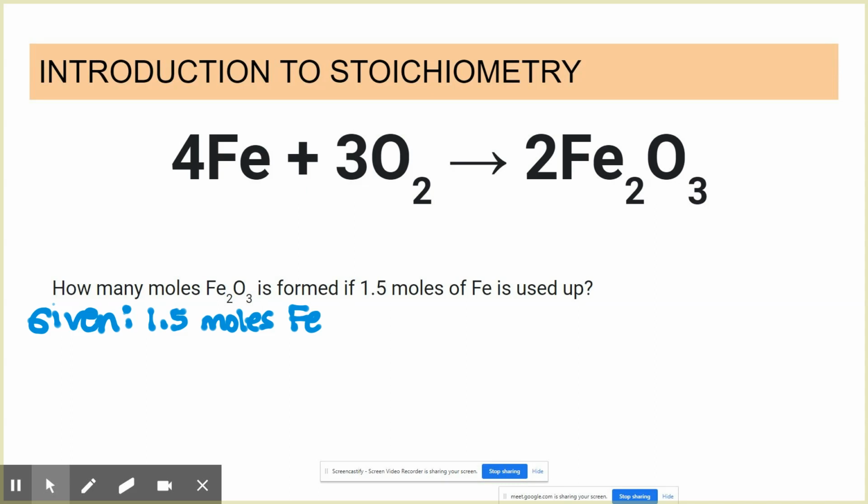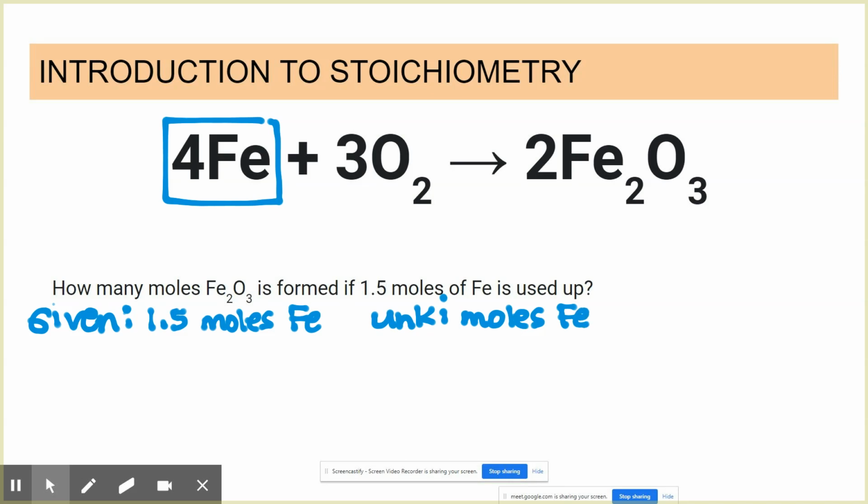Right. So what I do is, and this is just me, as soon as you get the given, find the compound in the equation that corresponds to your given. So we're looking at Fe. Fe is right here. You see it? All right. So now let's look at our unknown. How many moles of Fe2O3? So our unknown is moles of Fe2O3.